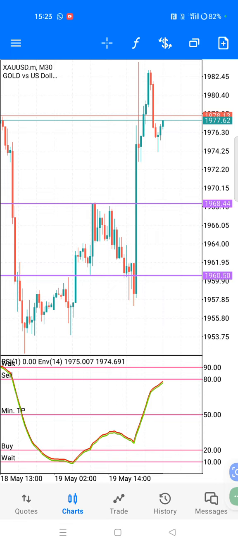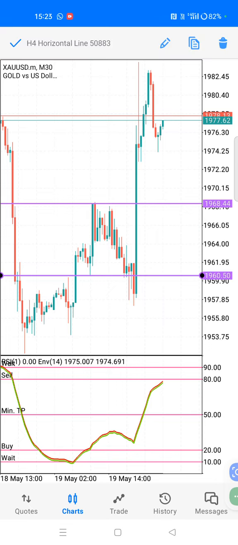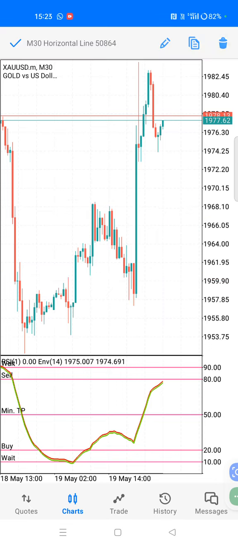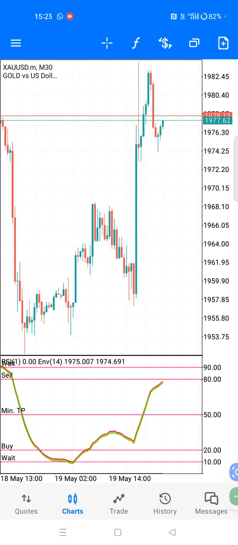But then people will say, no, this is not enough. I will upload a new video when the market opens and show how I set up my buy or sell trade, where I put my stop loss, where I take my take profit. Usually my take profit will be the minimum TP. That is my minimum TP.